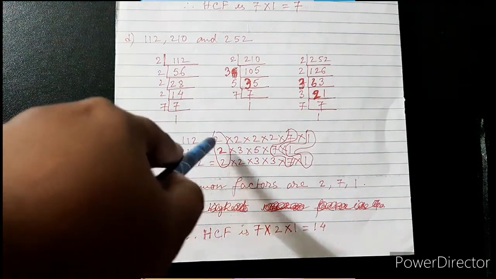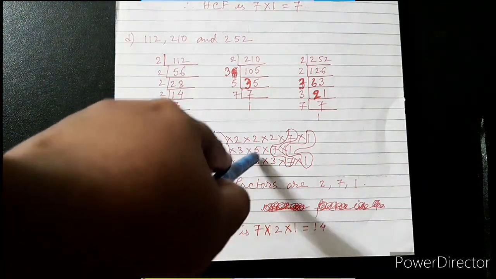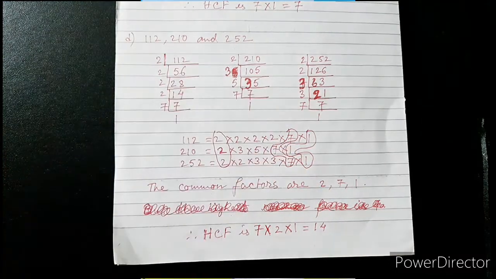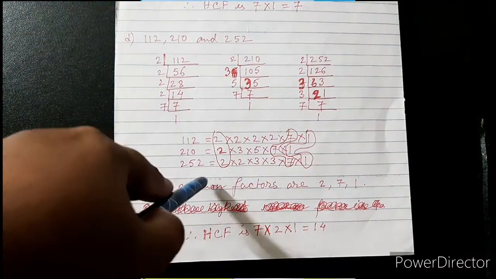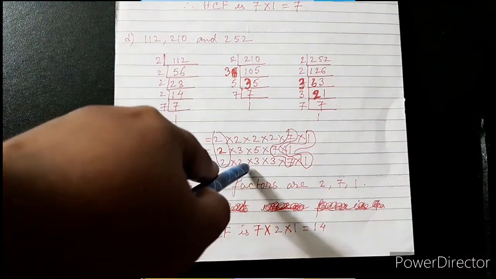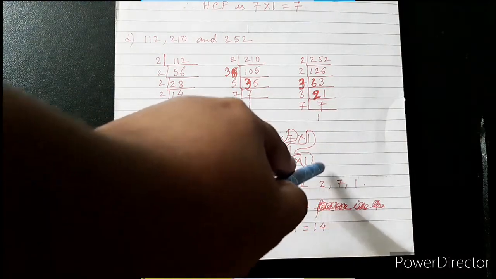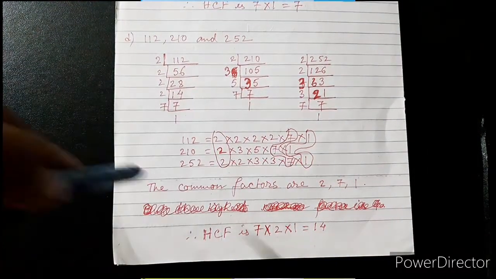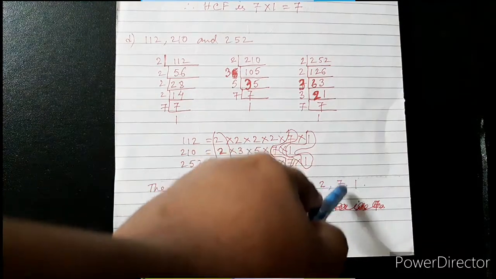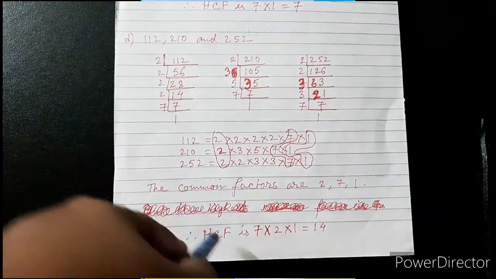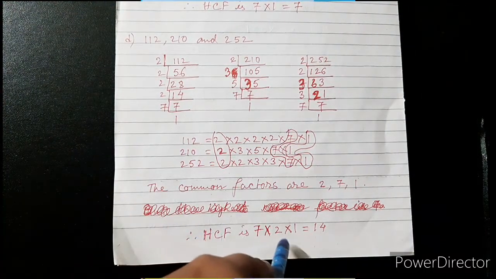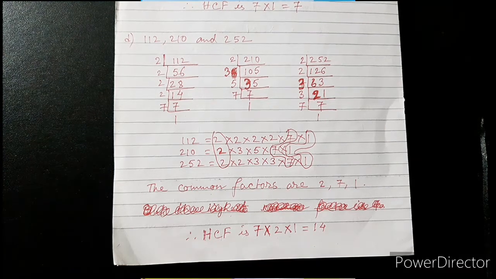Factors of 210 are 2 into 3 into 5 into 7 into 1. Factors of 252 are 2 into 2 into 3 into 3 into 7 into 1. Now the common factors are 2, 7 and 1. So the HCF is 7 into 2 into 1 equal to 40.